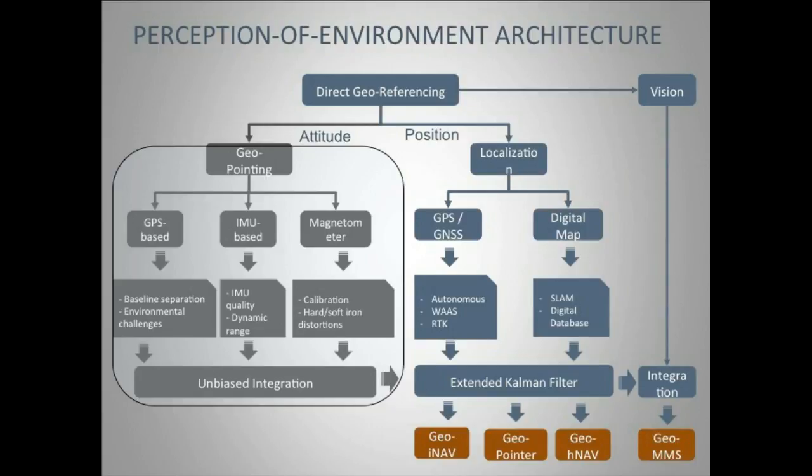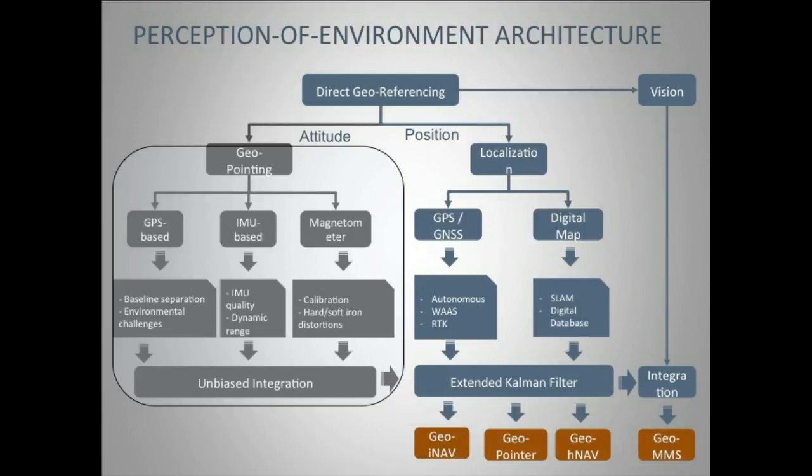So we have attitude and position that go into the direct georeferencing algorithms. And we combine that with passive and active vision sensors. In our case, a laser scanner, a LiDAR, and also cameras. And we directly georeference those sensor data to provide us the ability to do mobile mapping, as we heard in the last presentation.